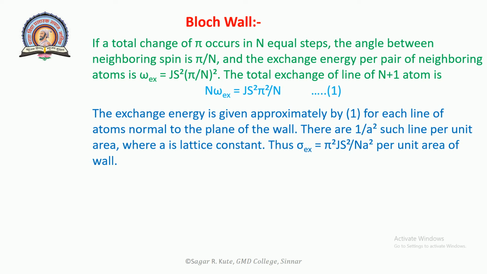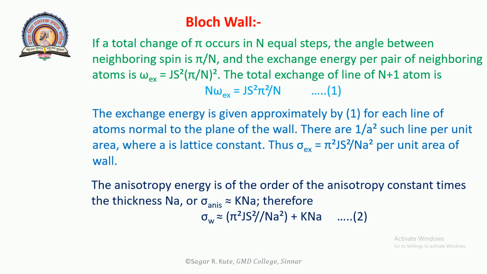Thus, sigma Ex is equal to pi square J S square upon n a square per unit area of the wall. The anisotropy energy is of the order of the anisotropy constant times the thickness Na, so sigma anisotropy is nearly equal to K n a. Therefore, sigma W is nearly equal to pi square J S square upon n a square plus K n a. This will be equation number 2.